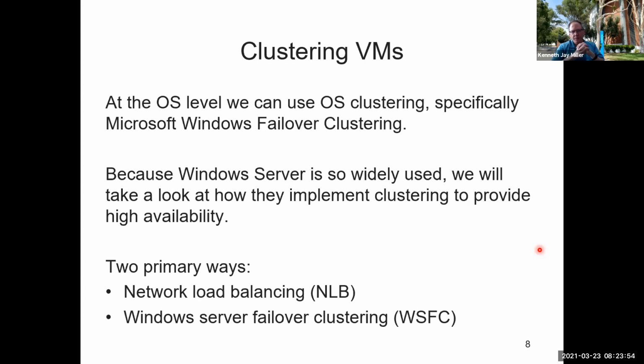Now, there are 2 primary ways of clustering. The first is with a network load balancer. And that's exactly what it sounds like, where you have requests coming into, say, a DNS server. DNS is the Domain Name System, and it resolves names to IP addresses.